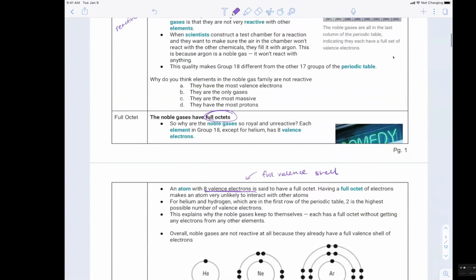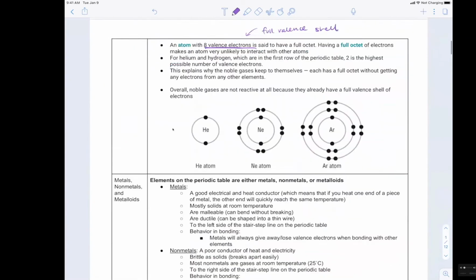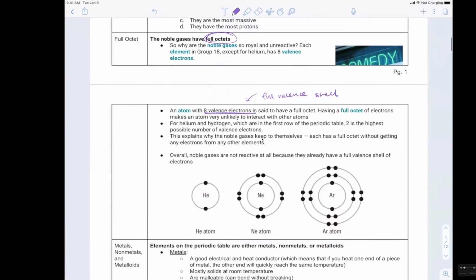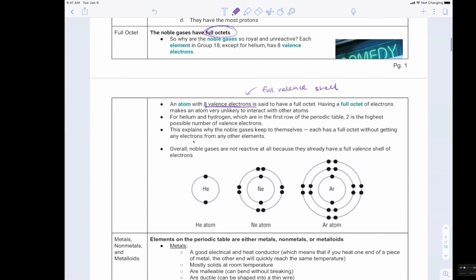Helium is a noble gas, but it only has 2 valence electrons. It's still considered a full valence shell because the first layer of electrons can only contain up to 2 electrons, so it's still filled. This is why noble gases are so unreactive.